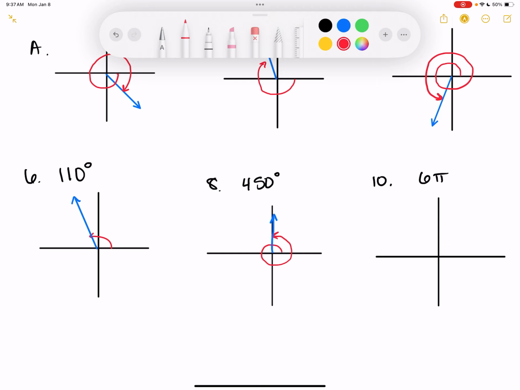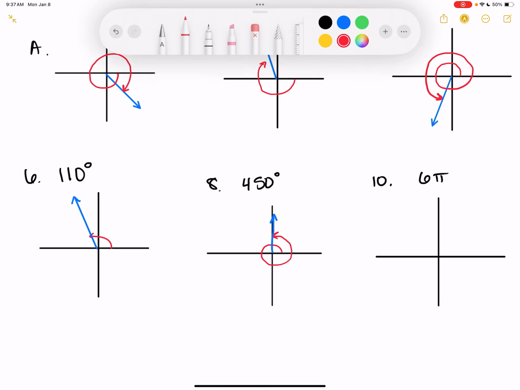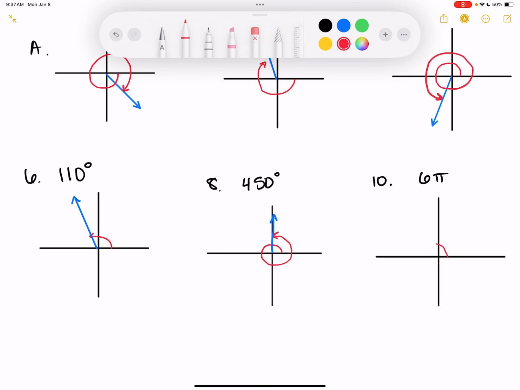If I go around again, I have 4 pi, and if I go around again, I have 6 pi. So just so that you can see it, this would be 1 pi, 2 pi, 3 pi, 4 pi, 5 pi, 6 pi. So this would be just on the axis there like that.